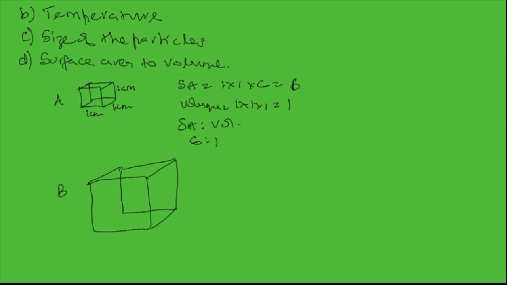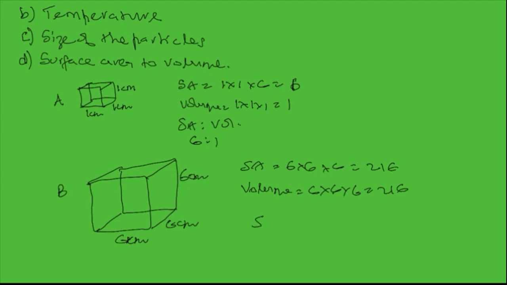This gives us a surface area of 6 times 6 times 6, that gives you 216, and volume of 6 times 6 times 6, giving you 216. Hence the surface area to volume ratio is 216 to 216, which is equivalent to 1:1. So you see that the surface area to volume ratio of cube A is larger than that of cube B.